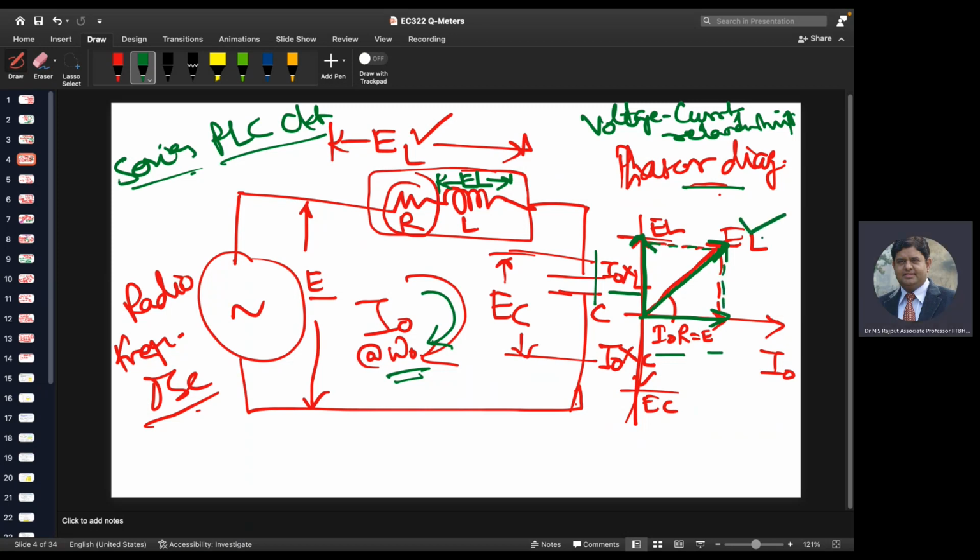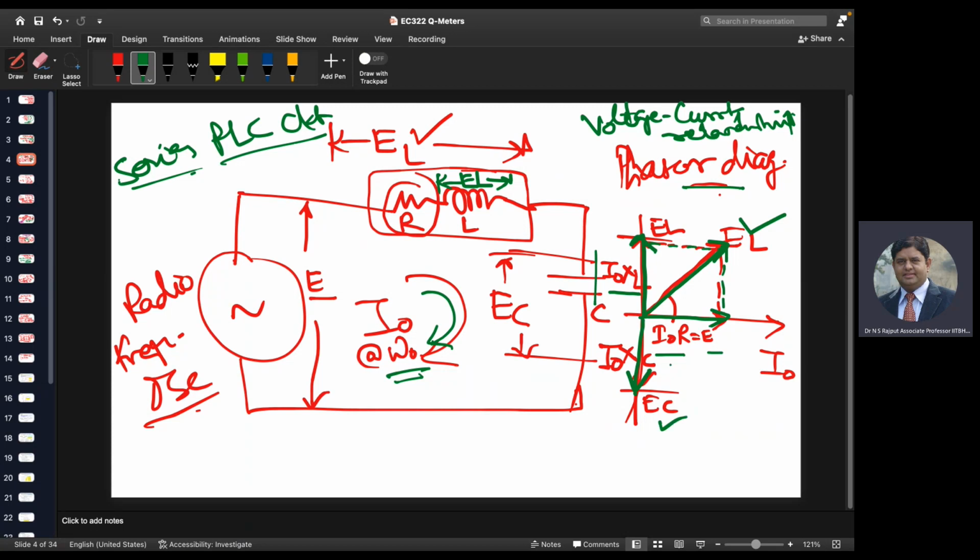So E subscript L is the effective voltage, whereas the voltage across the capacitor will be I naught XC, right? Since this is a capacitor, this voltage will be lagging behind the voltage across the resistance, and therefore this will go down and the magnitude will be I naught XC.